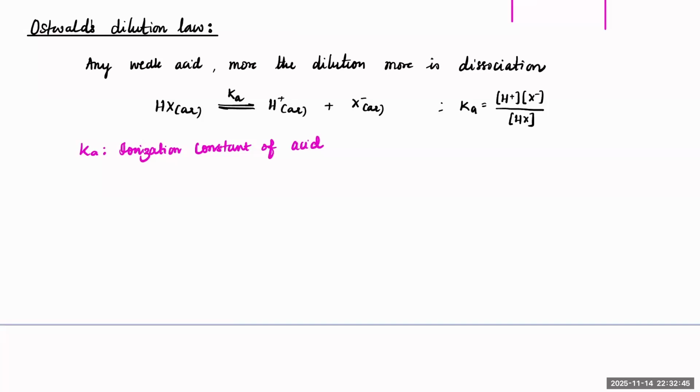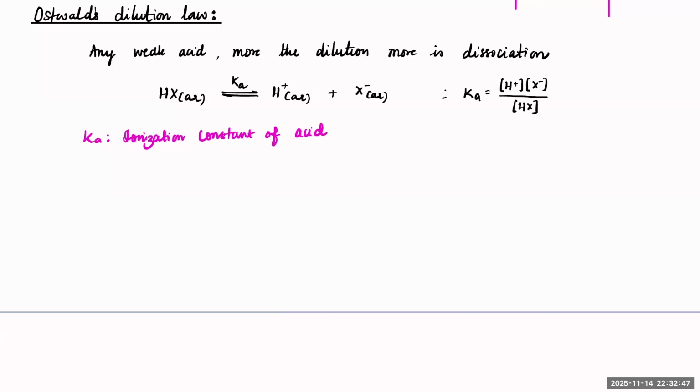Now, if you take this HX here, imagine initially, when time t equals 0, before dissociation, the concentration is C naught. After it reaches equilibrium, let's say it has lost some x units to form x units of H plus and x units of X minus.